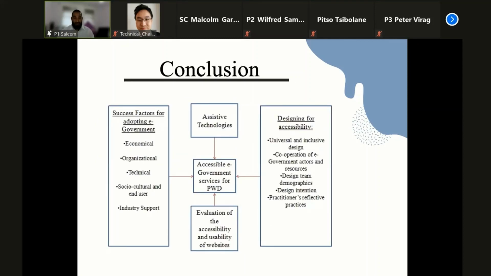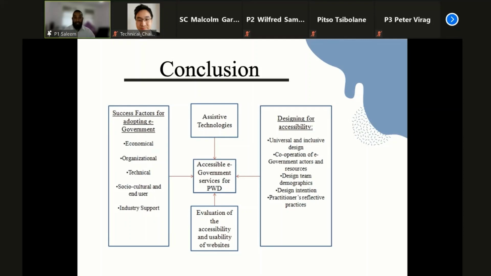If I just go to my conclusion, the purpose of the study was to document the current literature on accessibility of e-government websites with respect to people with disabilities. The study followed a descriptive literature synthesis, and from that, 4 themes were identified. Firstly, the success factors for e-government adoption, and then designing for accessible e-government systems.